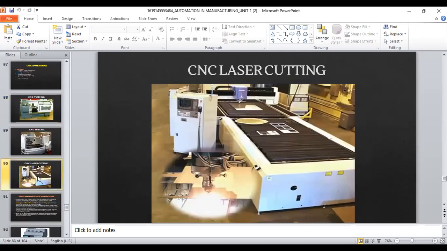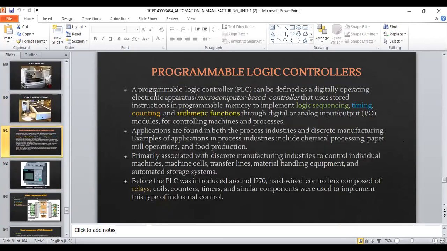And we also saw a video that explained how all those complicated parts are being produced with CNC, about the different axes, 5-axis machines being used for complicated products, right? And then we started with PLC, right?